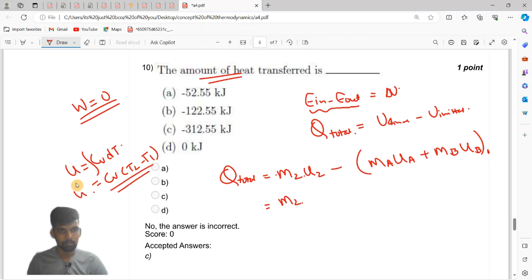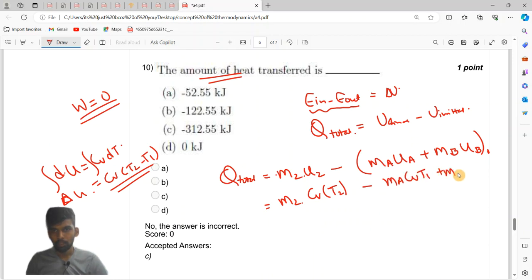So it is Cv times T2 and the reference temperature, which gives delta U. So M2 Cv T2 minus MA Cv TA1 plus MB Cv TB1.